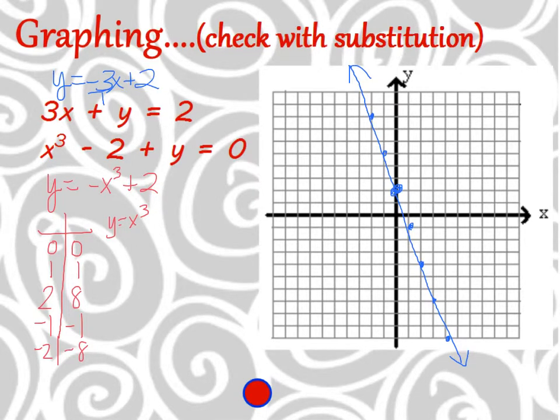Since it's not in parentheses, that's going to move it up and down, and since it's a plus, it's going to go up 2. So what I'm going to do is I'm going to plot this y equals x cubed, and then I'm going to reflect them over the x-axis, and then I'm going to move them up 2. So here we go. Let's go ahead and plot those points. 0, 0, 1, 1, 2, 8.